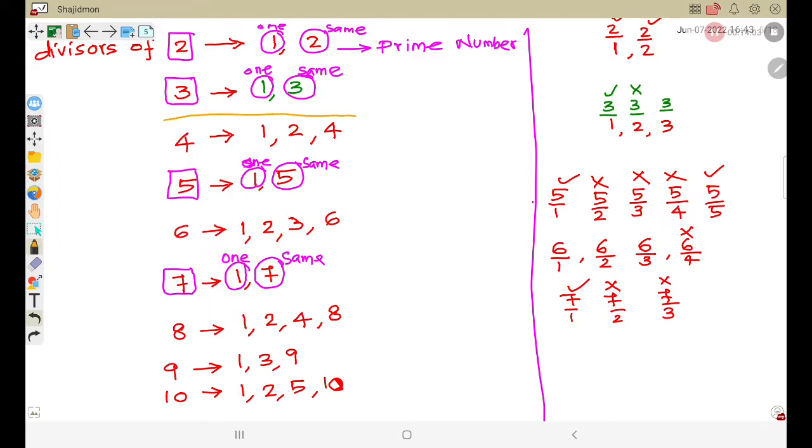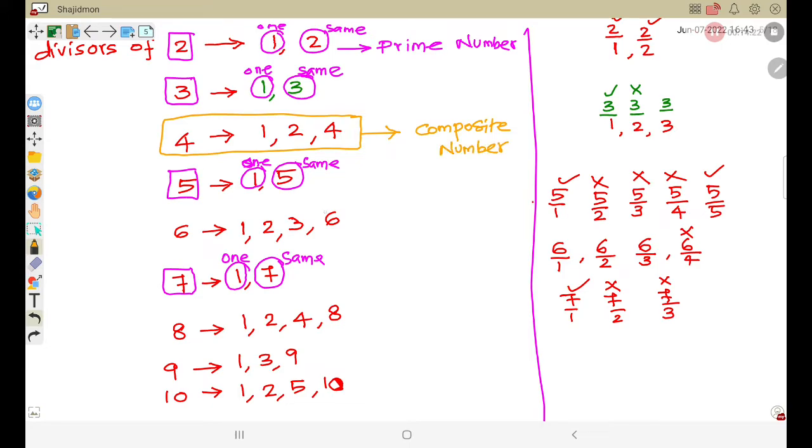For example, see number 4. 1 is a divisor, the same number is a divisor, and another divisor is also there, 2, correct? More than 2 divisors means that we are calling the number a composite number.